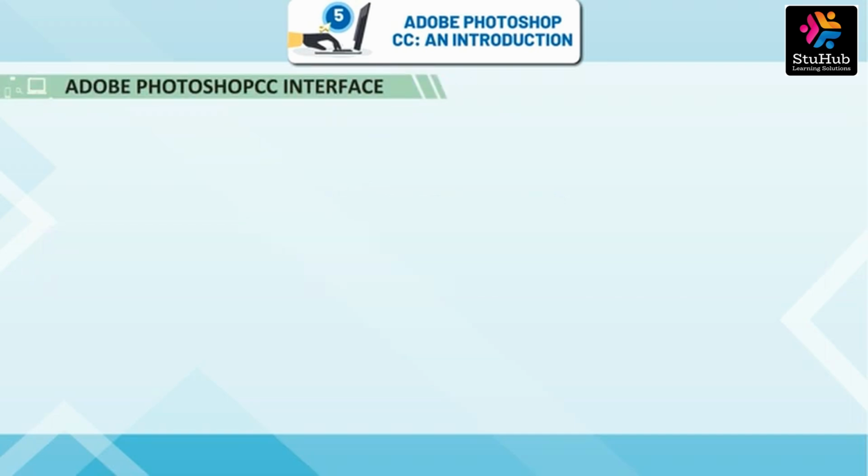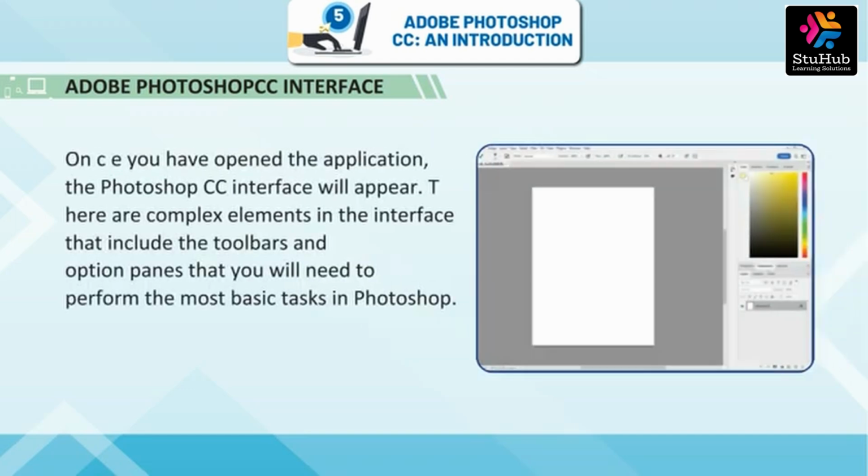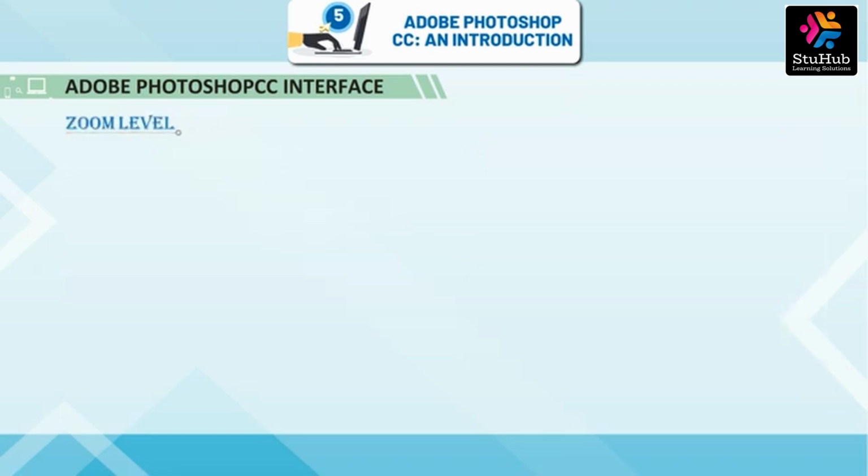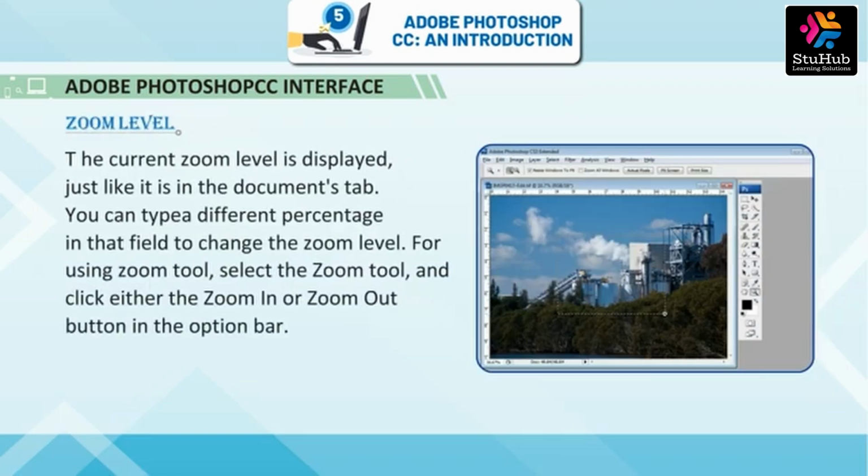Adobe Photoshop CC interface. Once you have opened the application, the Photoshop CC interface will appear. There are complex elements in the interface that include the toolbars and option panes that you will need to perform the most basic tasks in Photoshop. Zoom level. The current zoom level is displayed just like it is in the Documents tab.